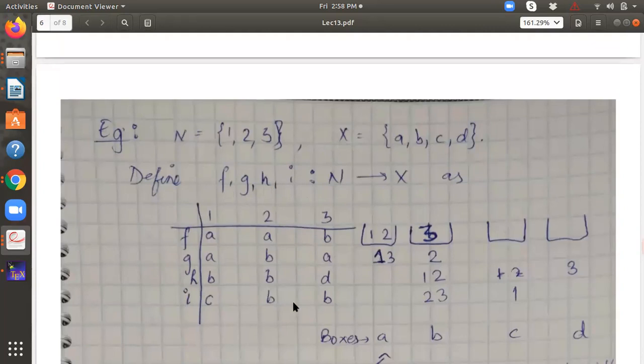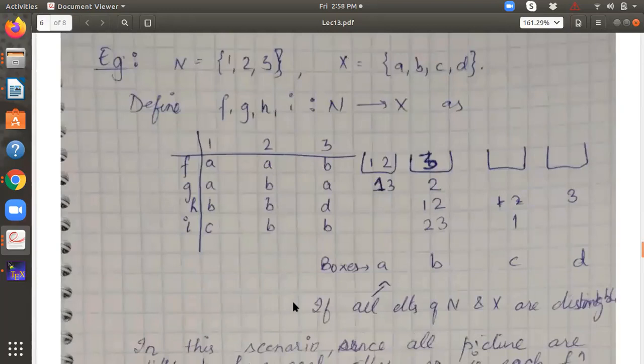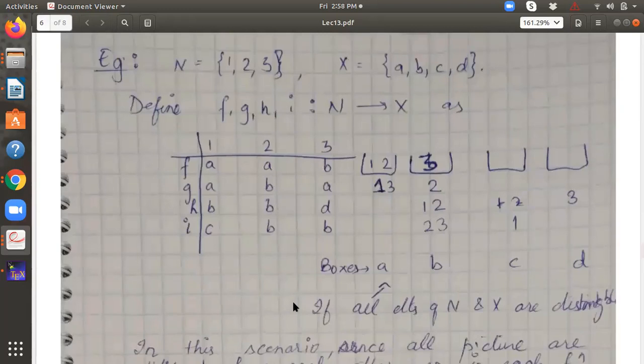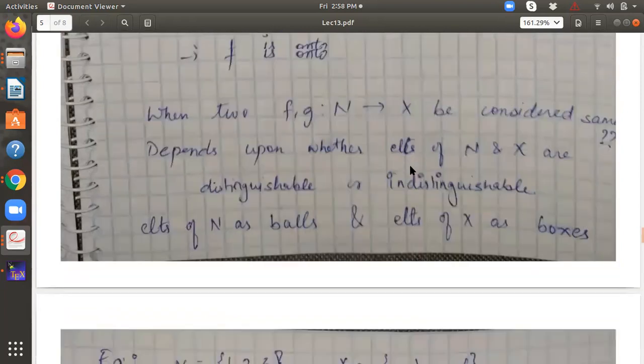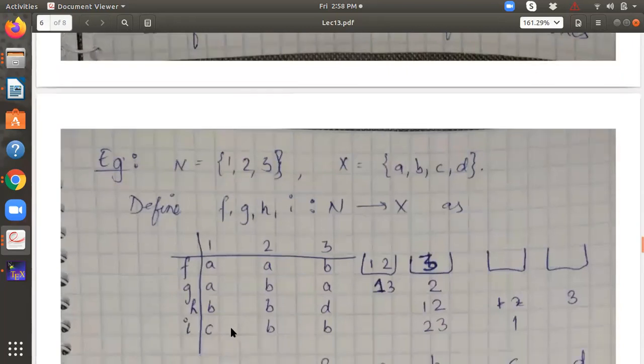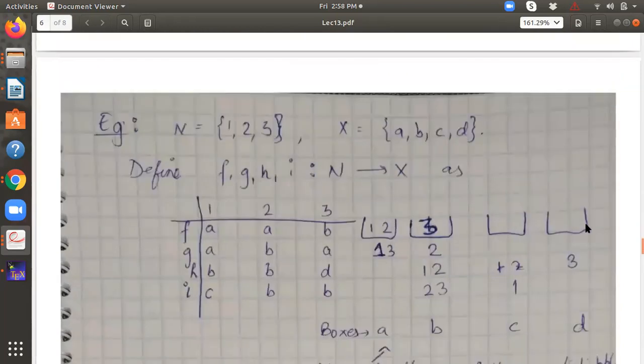Now, remember I said consider the distinguishable to be D, indistinguishable to be I. So if I am with the pair D comma D, which means all the balls are distinguishable as well as all the boxes are distinguishable, then this sort of data I can represent pictorially in this fashion.